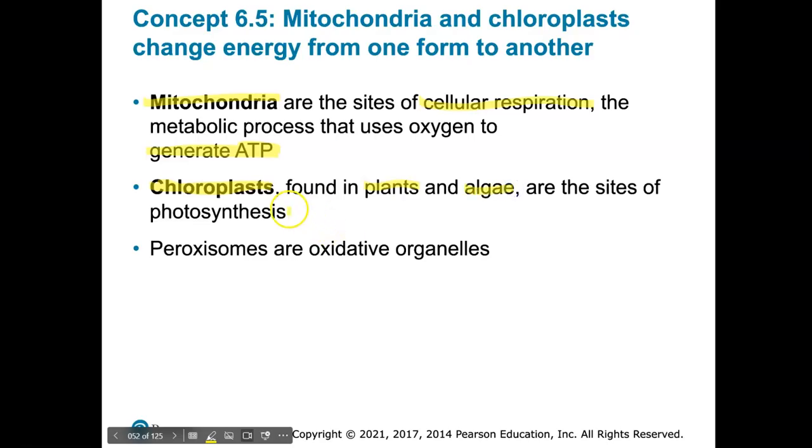And that is where photosynthesis is carried out, which is when sunlight is absorbed by the chloroplast, and it's used to convert carbon dioxide in the atmosphere into glucose, or food for the plant or the algae. So that's where chloroplasts carry out photosynthesis. Animal cells don't have chloroplasts, and other cells besides plant and algae don't have chloroplasts.